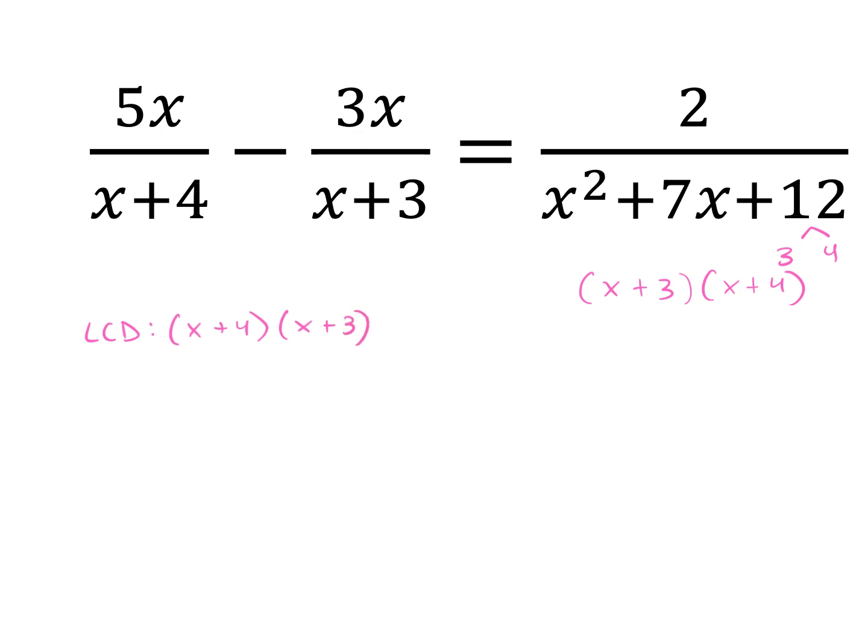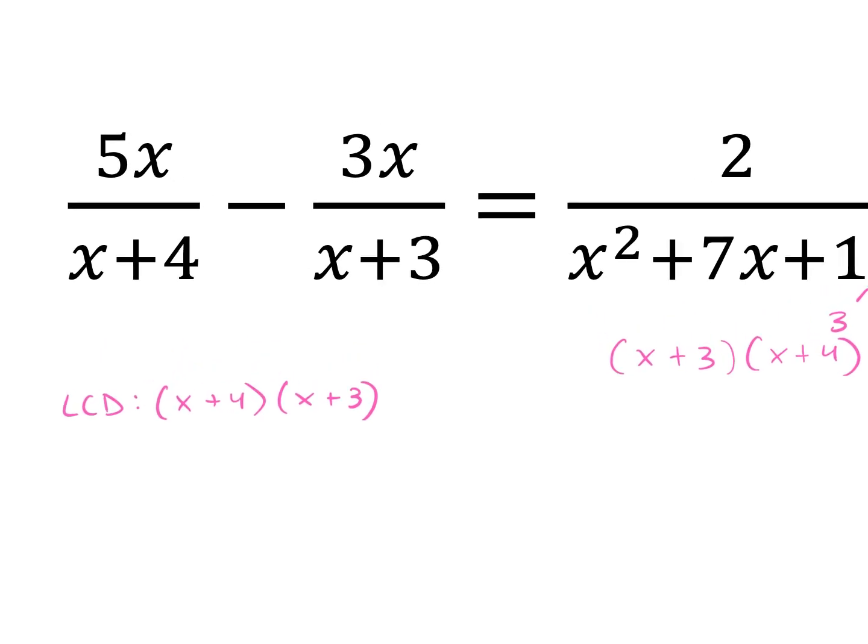So next we want to multiply by what's missing. So what's missing from my first denominator that's in my least common denominator? x plus 3. What's missing from the next one? x plus 4. And nothing's missing from the third.